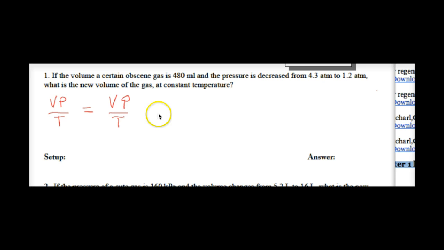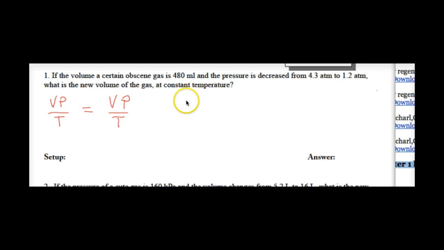Okay, so let's pull information out of the problem. If the volume of a certain gas is 480 milliliters, so we know based on the unit, the milliliters, that's going to be your first volume, and the pressure is decreased from 4.3 atmospheres to 1.2 atmospheres. So that means this is where it starts, 4.3 atmospheres, and it changes to 1.2 atmospheres.